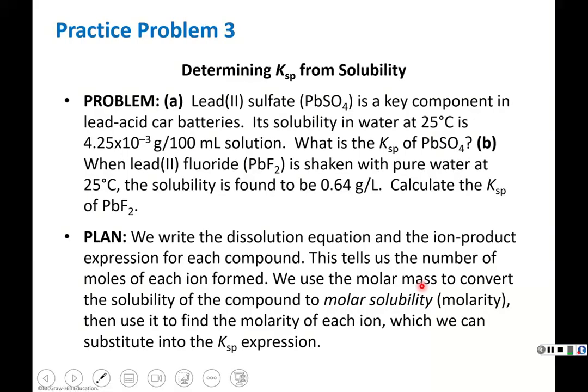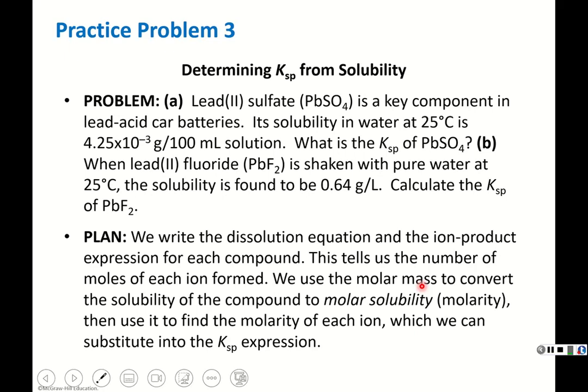Okay, let's practice determining KSP from the solubility. In this problem, lead(II) sulfate is a key component in lead acid car batteries. Its solubility in water is 4.25 times 10 to the minus 3 grams per 100 mL of solution.